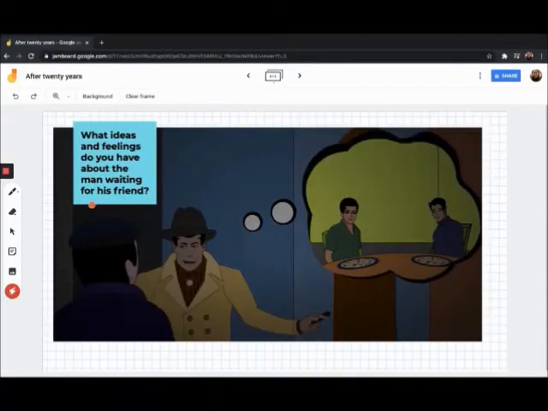Let's answer the second question. What ideas and feelings do you have about the man waiting for his friend? And we are referring to Bob. If I hadn't known Bob as a criminal, I would have believed that he was such a true friend. He treasured his friendship with Jimmy. But notice some peculiarities in the story.